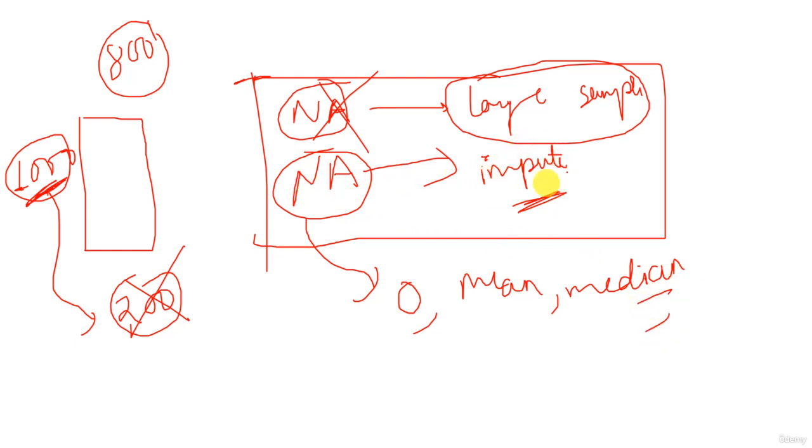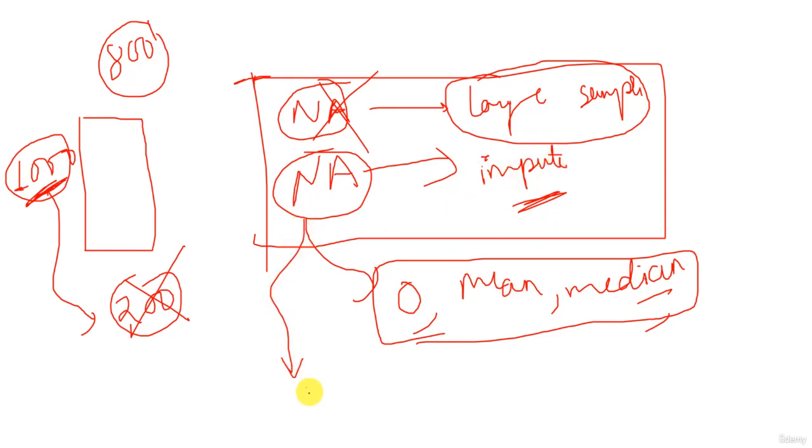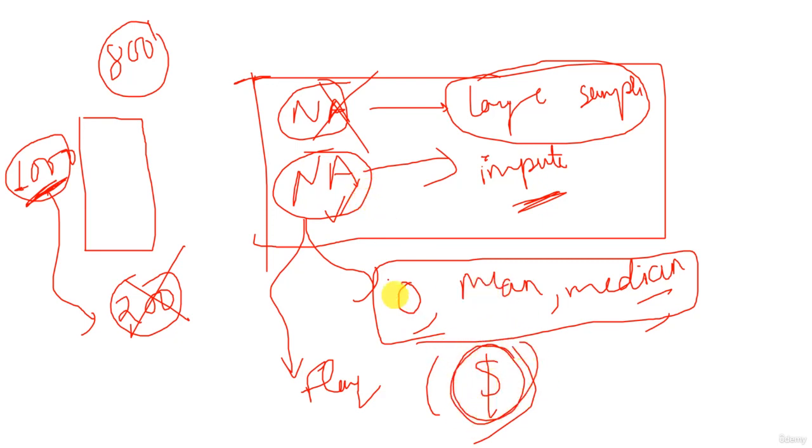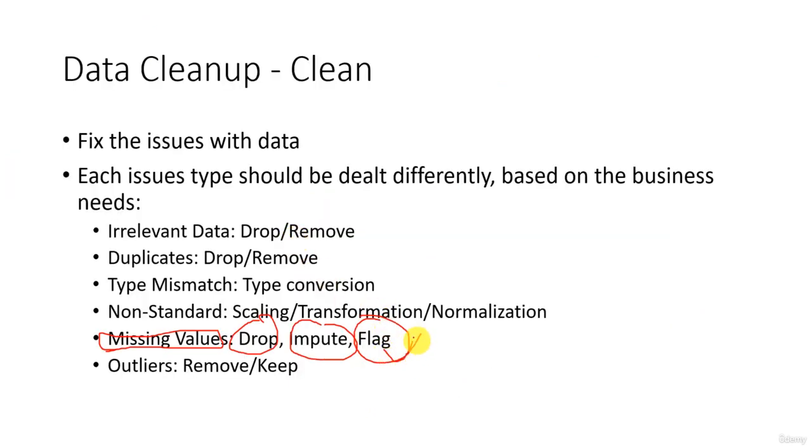That is what imputation means. Rather than removing, you can replace these NA values with some other values. You can also give a flag to it, something like a unique character such as $. Whenever we have NA, give all the NAs the $ value, so that later you can analyze those NA values differently. For that reason, you can also give a flag to it.